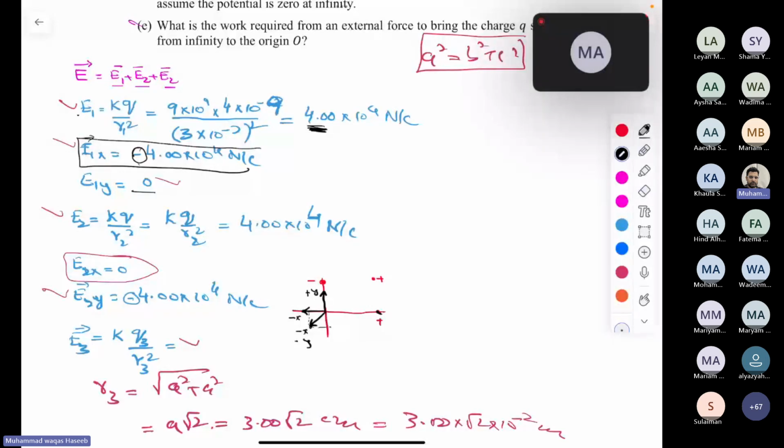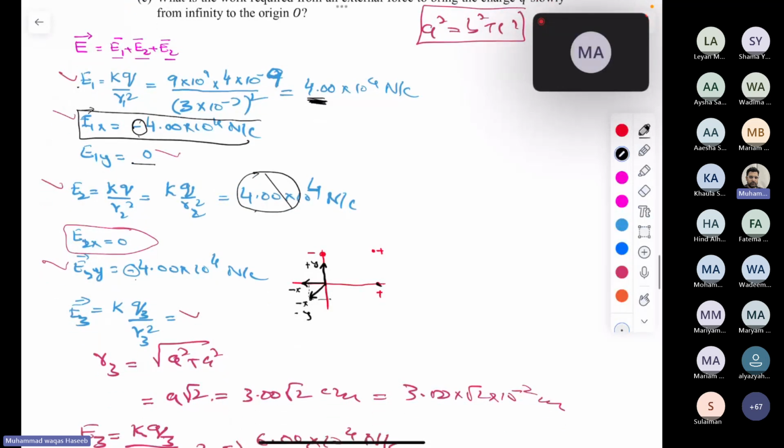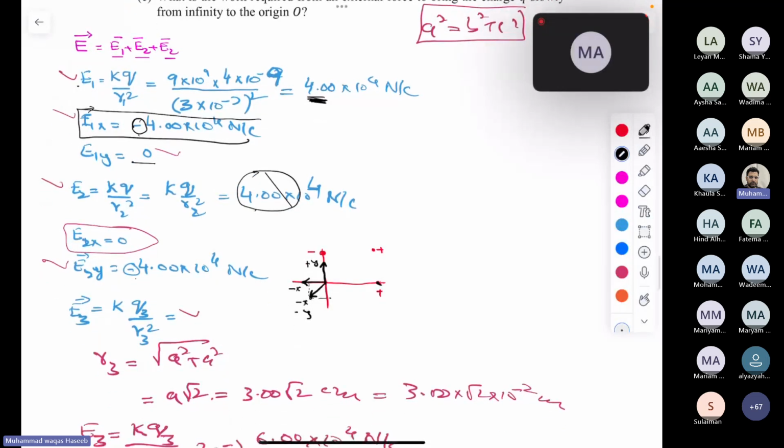This electric field is positive, but it has to be negative because it was in this direction. So any kind of configuration can be given to you. You just need to identify what you want in that case.